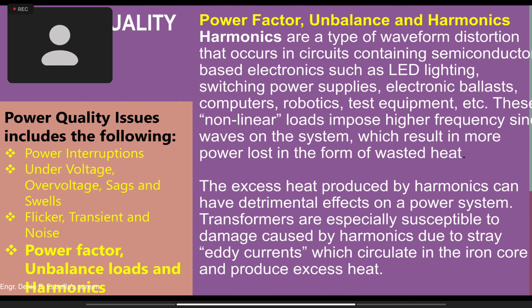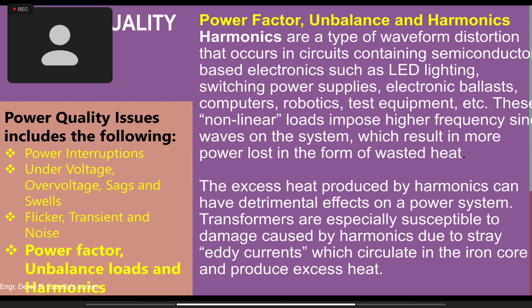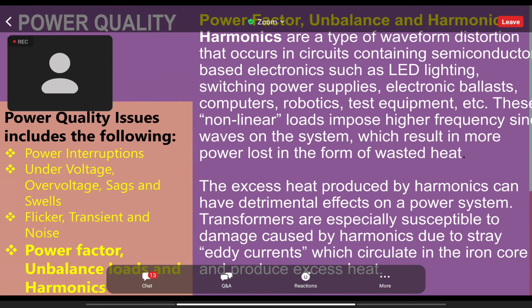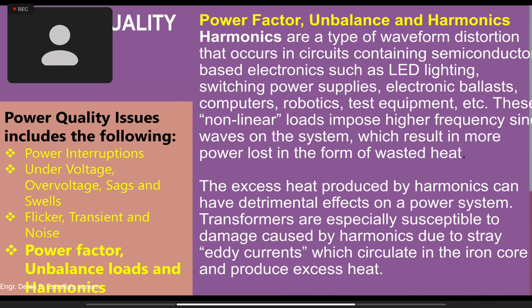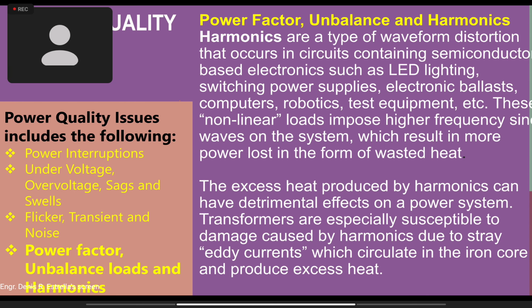Now, this is due to the heating effect of the higher frequencies. So as a result, if our transformer is not sufficiently or aptly designed, it can lead to damage. Damage in terms of heating, and damage in terms of the mechanical impact of the eddy current due to a higher vibration of the iron core.